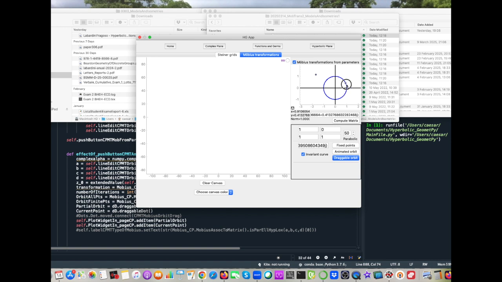Yeah, and then I give this value, but then I have to tell it what fixed points I want. So let's see these two, and then it computes a matrix. That, if floating point problems didn't exist, would be the matrix I'm looking for. And now I'm going to start with 0.